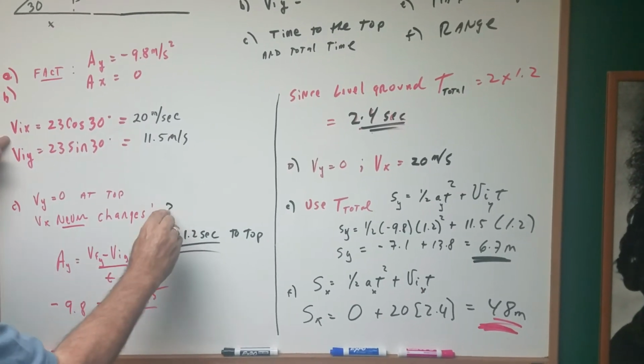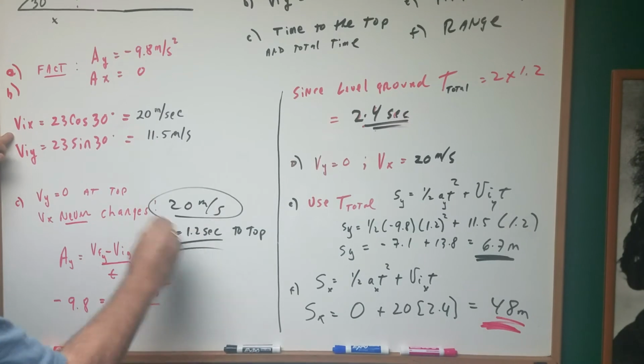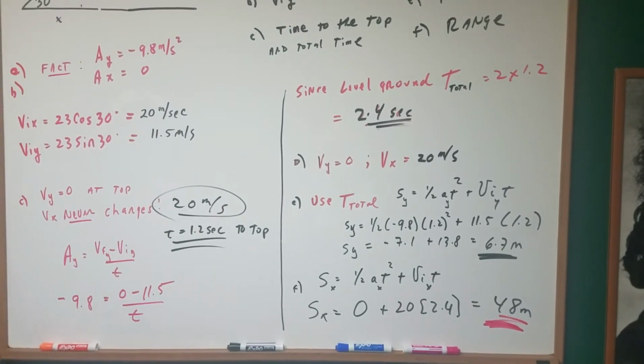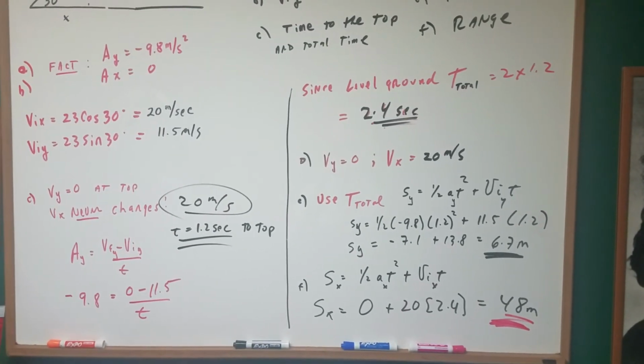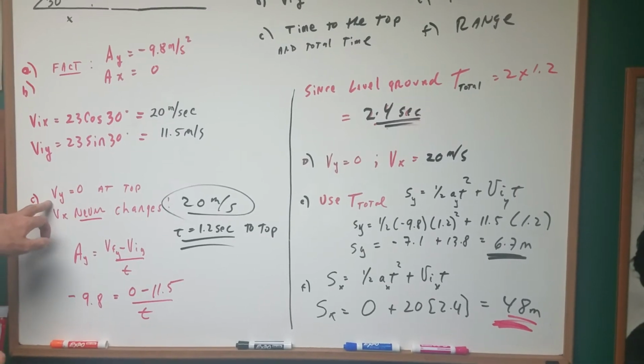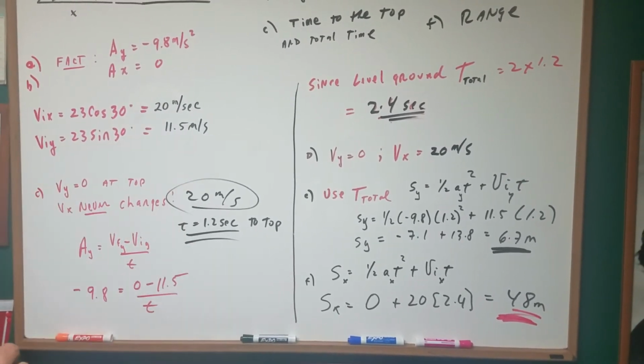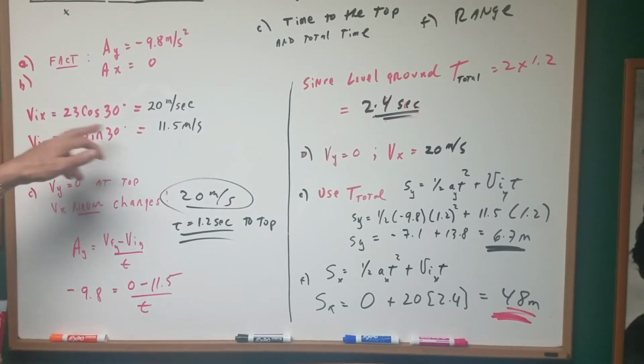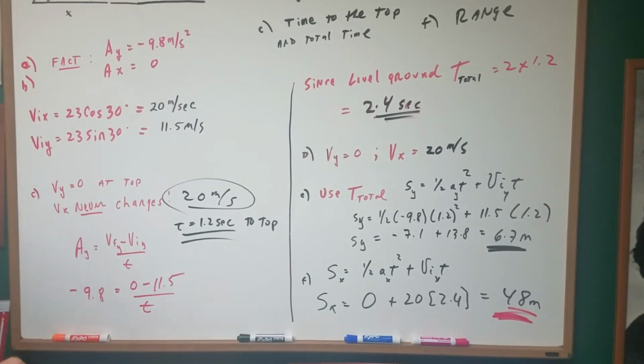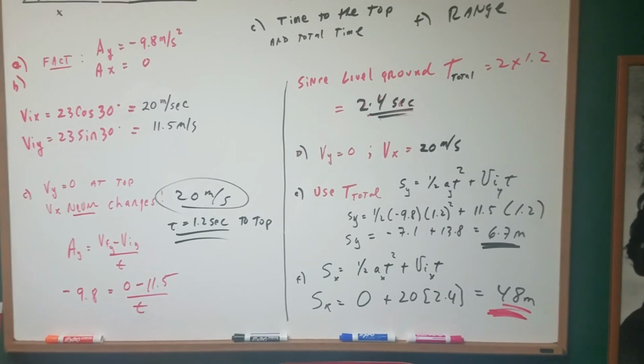So therefore, the x velocity at the top would be 20 meters per second. That's tricky. So there's 2 answers for the velocity at the top. 0 in the y, and it would be 20 in the x direction because the velocity never changes in the x direction.